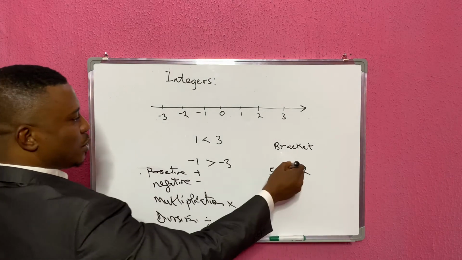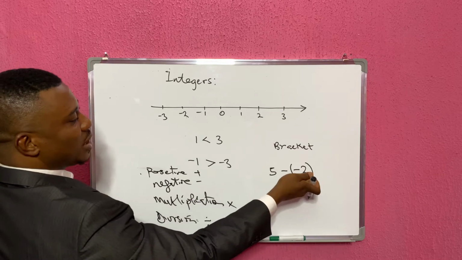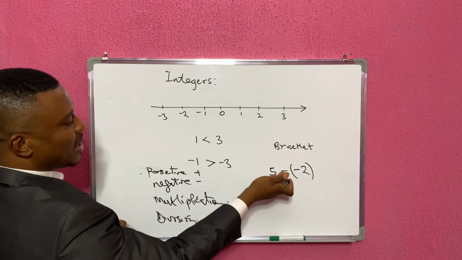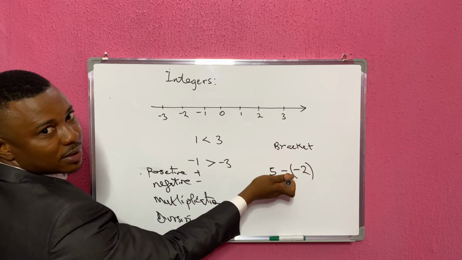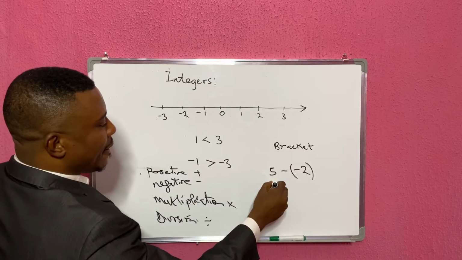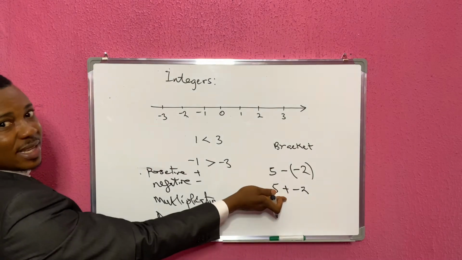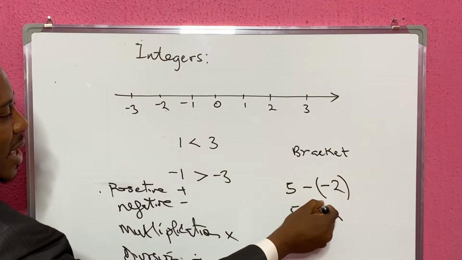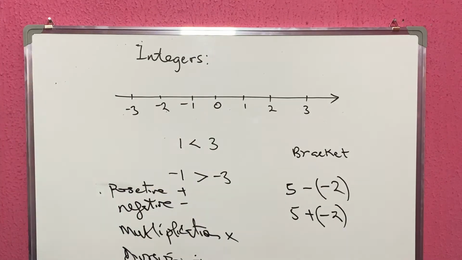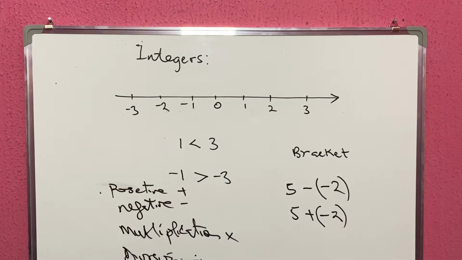Rather, I will use a bracket to separate the minus attached to 2 from the mathematical operation minus. Is that understood? 5 plus -2 can be written like this, but I will use a bracket to separate them. This is the proper way to express the mathematical operation.